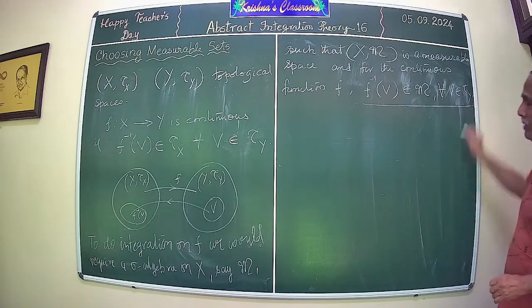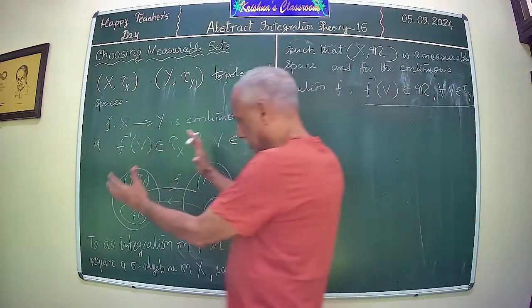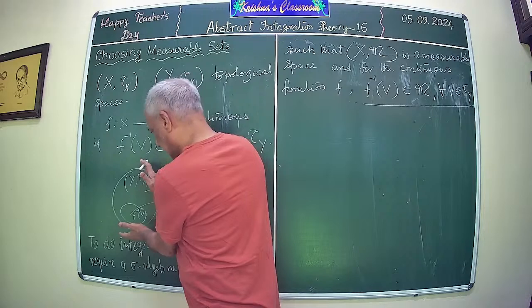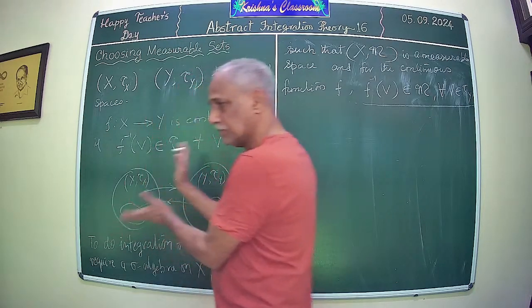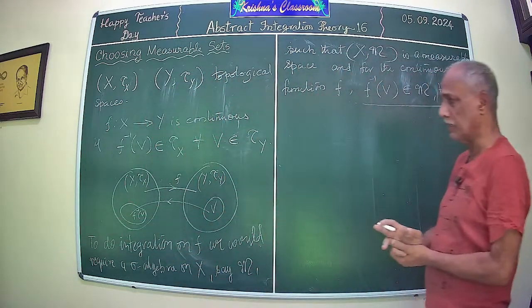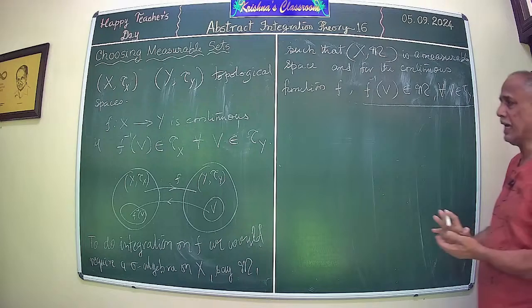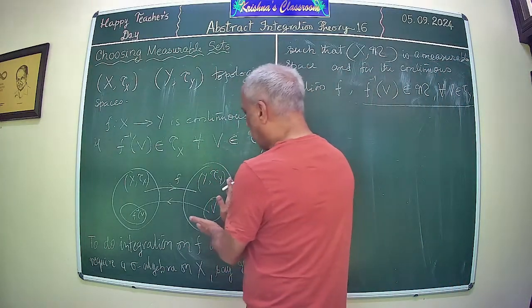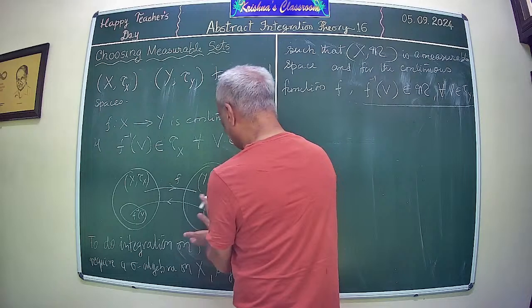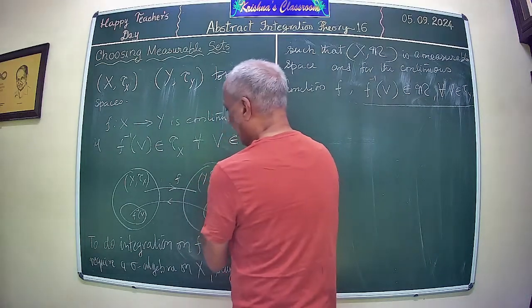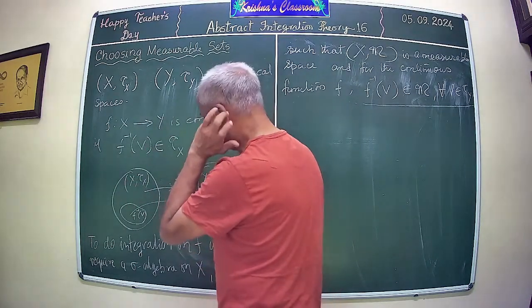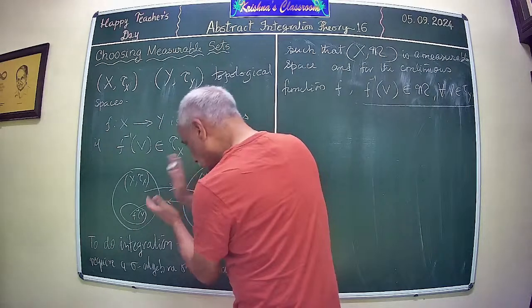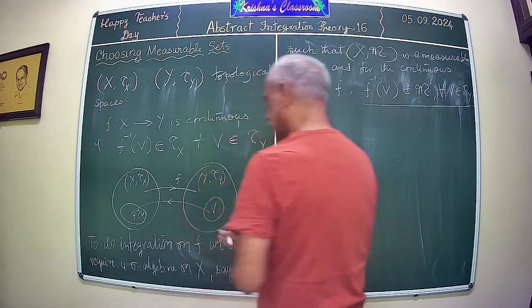So what we need is to designate some subsets as the measurable class, and we would like the pullback of all these open sets in Y to be measurable.